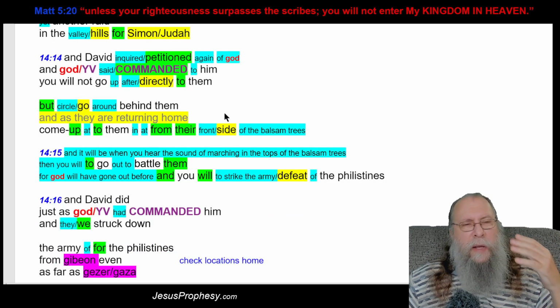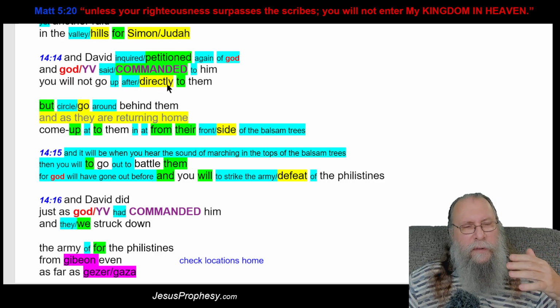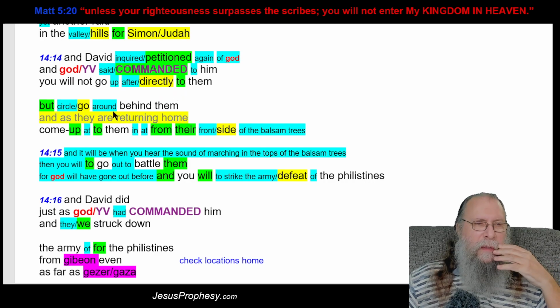You have to understand when you're reading the story why some of these words are being put in, and I don't think this is all difficult when you understand this. That they will go up, no, they will go directly to them, or do not go directly to them, or go up after them. Well, that's because I have to add what's going on here.